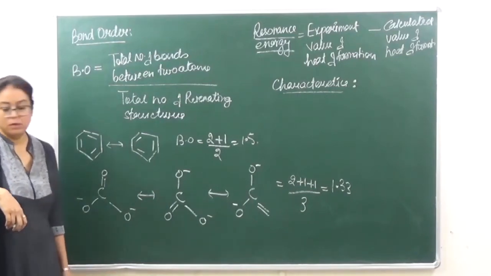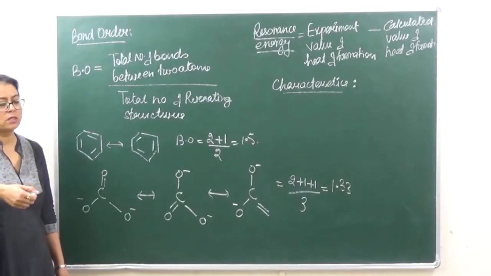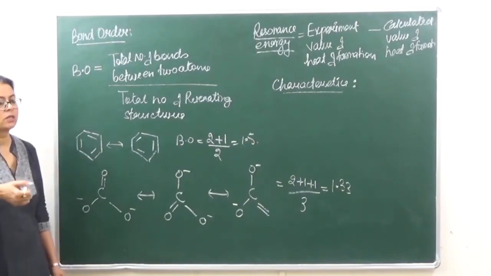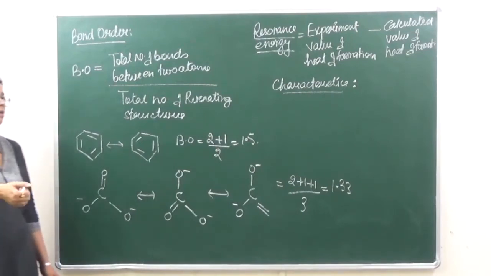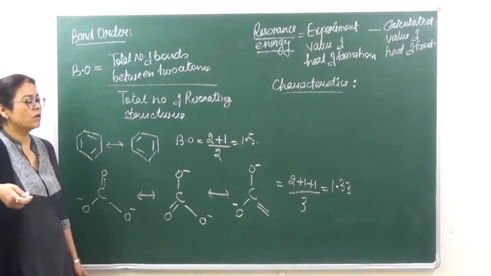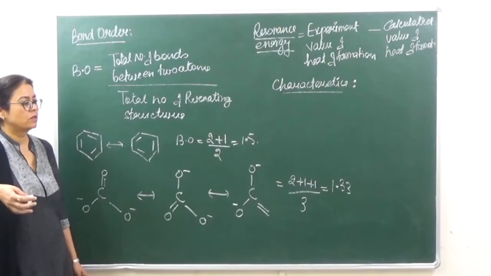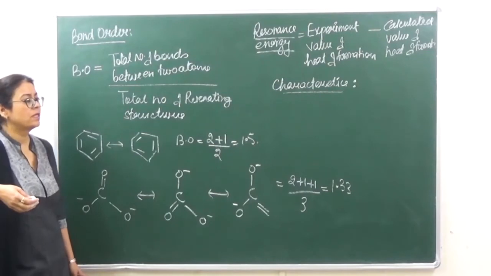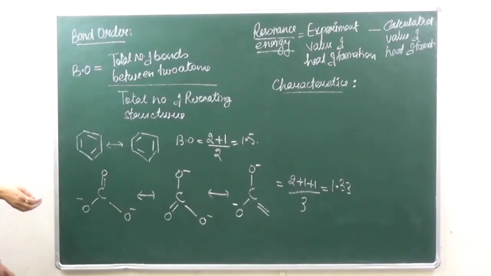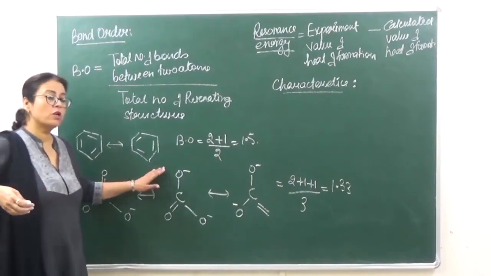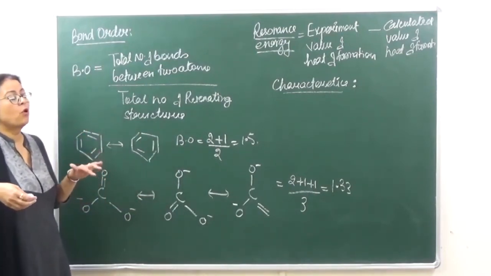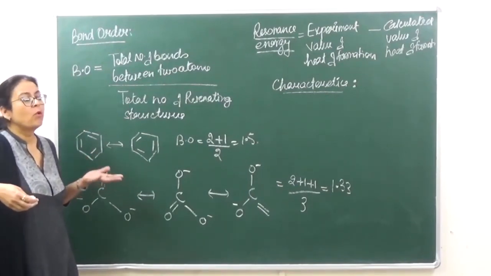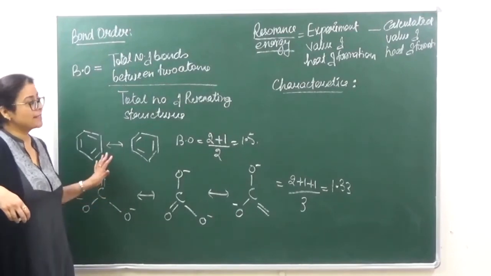Number four, uncharged structures are more stable than charged structures. ठीक है, so basically what is happening over here is कि even if the structure is charged, that charged structure which has a negative charge on a more electronegative element and the positive charge on a more electropositive element is going to be more stable. Clear हो गया? So this was the concept of resonance.